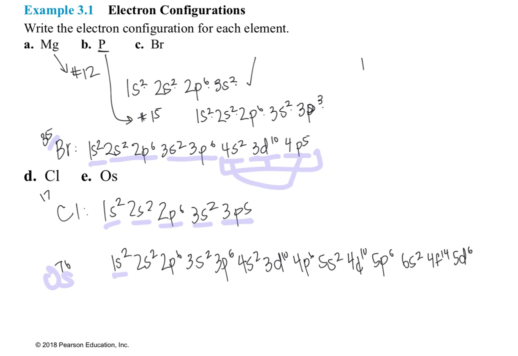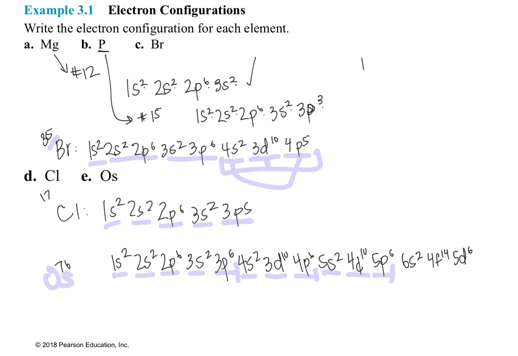So 1s2, 2s2, 2p6, 3s2, 3p6. Now in the 4th one, this is where the d's start to come in, 4s2, 3d10, 4p6, cool. 5th energy level, 5s2, 4d10, 5p6.